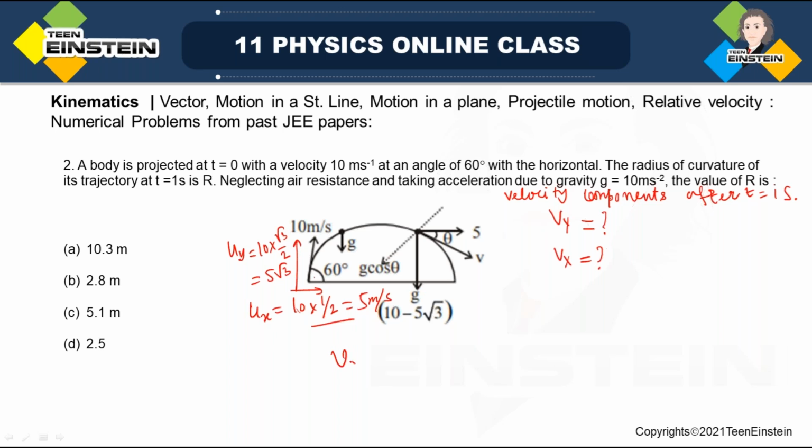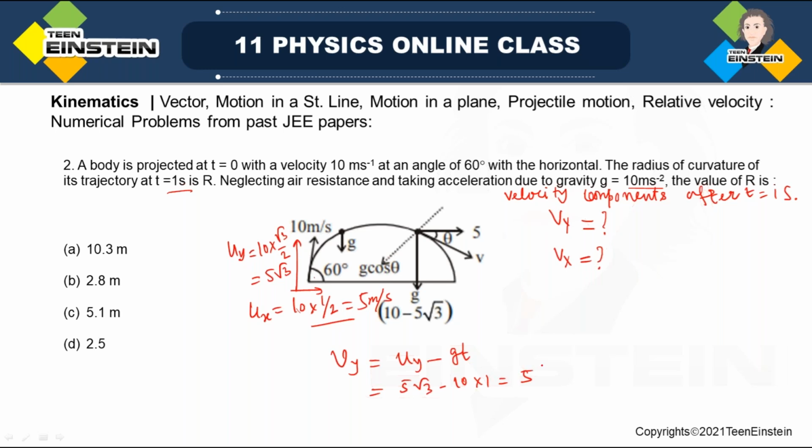So we can find out Vy. Since t is given, Vy is equal to Uy minus g into t. G has been asked to take 10 meter per second square and t is equal to 1 is given. So Uy is 5 root 3 minus 10 into 1.